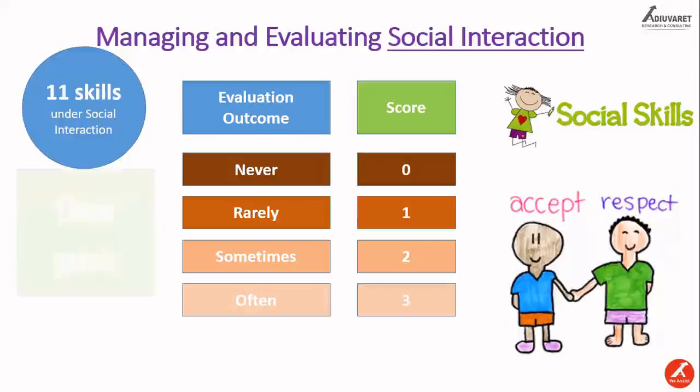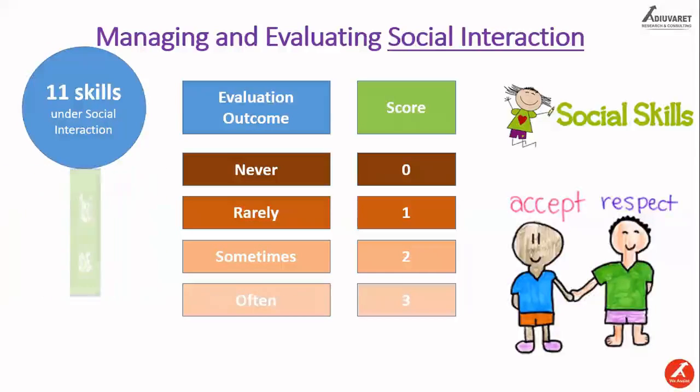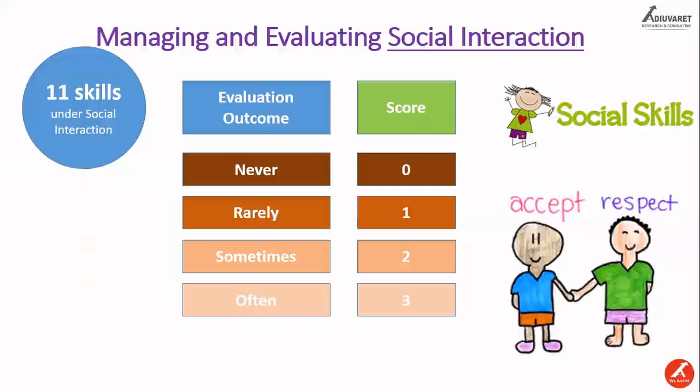It gives us a kind of direction on where our child is standing and what kind of intervention is required, either from the school or from the family, so that the sensitivity age is utilized very effectively. It should not happen that our child is missing some skill and we try to understand that at a later stage, when it becomes difficult to ensure that the skills are achieved.